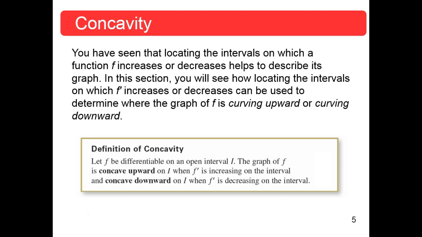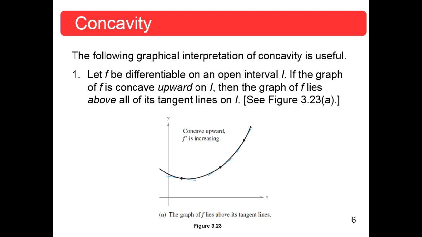And if you started very positive, and got less and less, and then 0, and then more and more negative, concave down. So that's what concavity is. When the first derivative is increasing, you're concave upward. When the first derivative is decreasing, concave downward. And how do you find whether it's increasing or decreasing? Take the second derivative and see what happens.